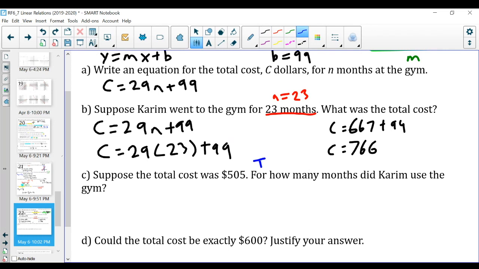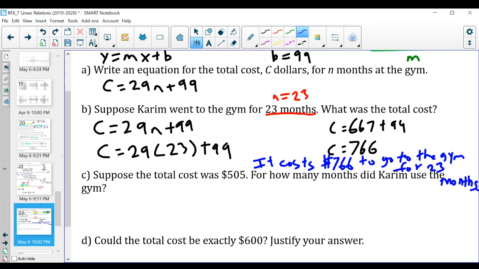So you can say it costs $766 to go to the gym for 23 months. You can probably just work out at a home gym for much cheaper, aka free.